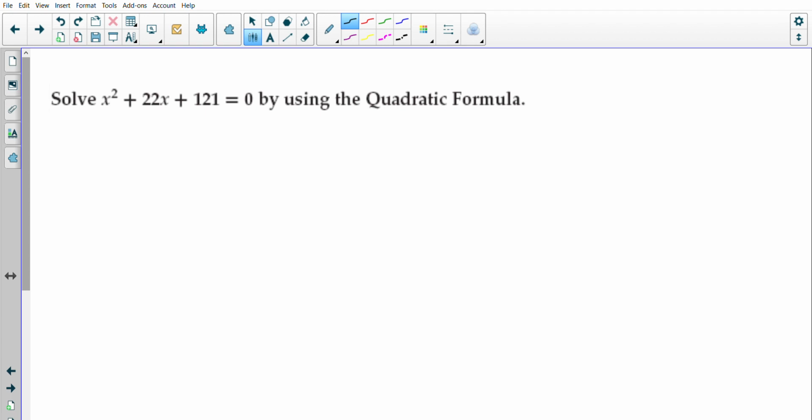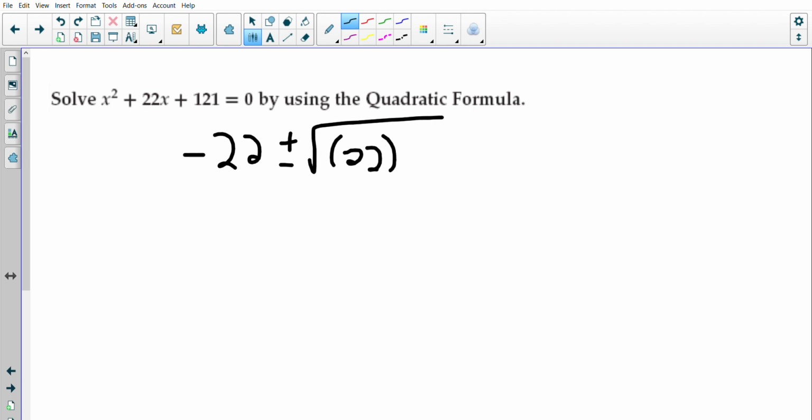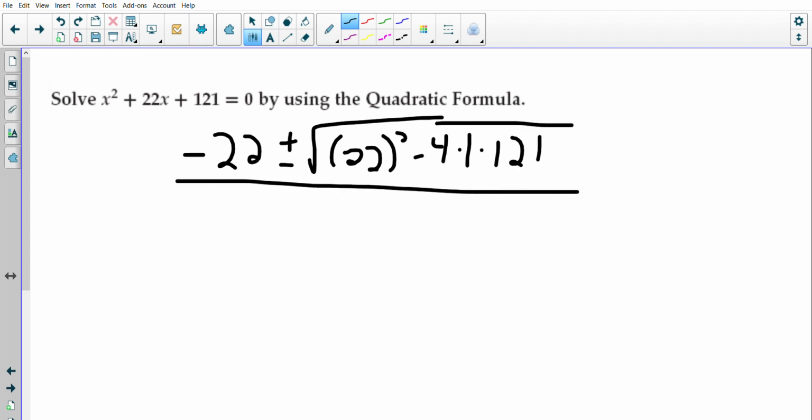So negative b, so negative negative 22, plus minus the square root of 22 squared minus 4 times 1 times 121, all over 2 times 1.